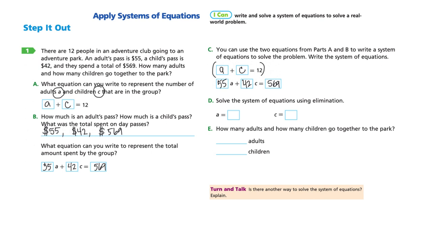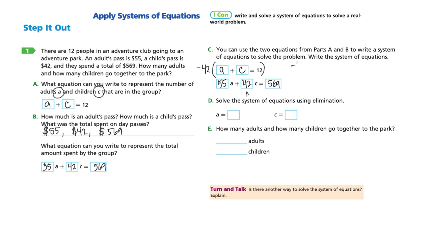One thing that's kind of nice about this is you can choose which variable, whatever seems easier for you, depending on the numbers and the equations that you have. So I'm going to choose 42 because it's smaller than 55.